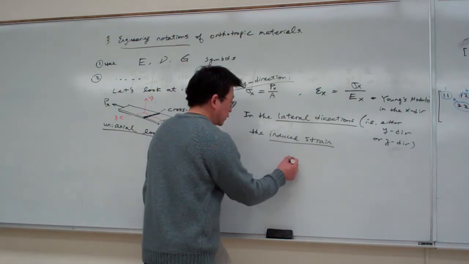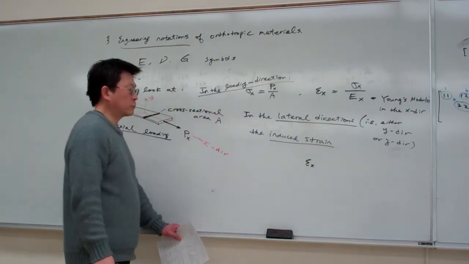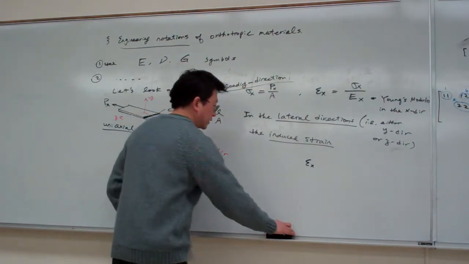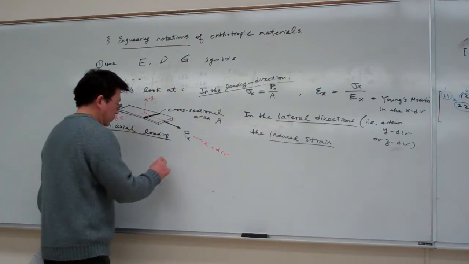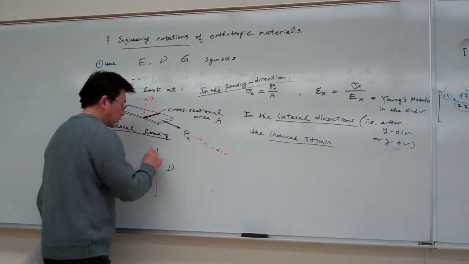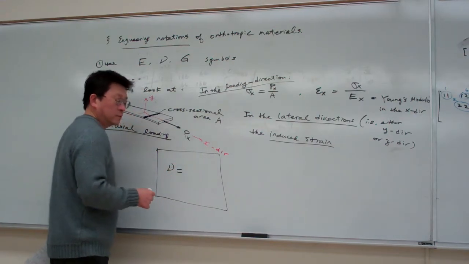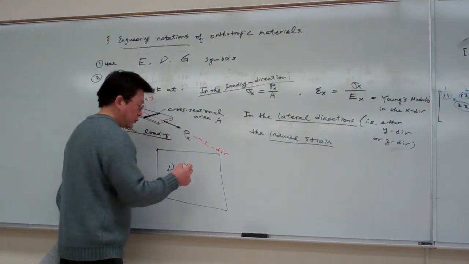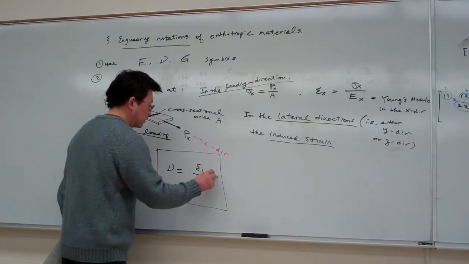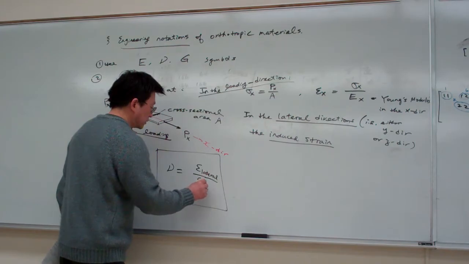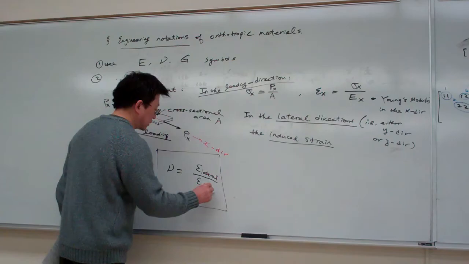And from here, we know that if this is the normal strain, by definition, the Poisson ratio, we know from our fundamental information, is basically the ratio of the magnitude of the lateral strain divided by the strain in the loading direction.